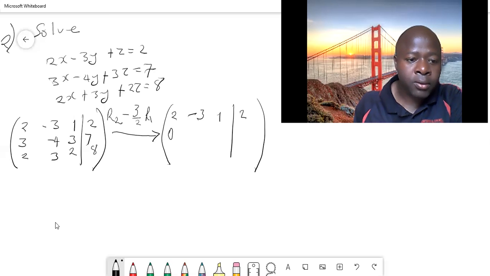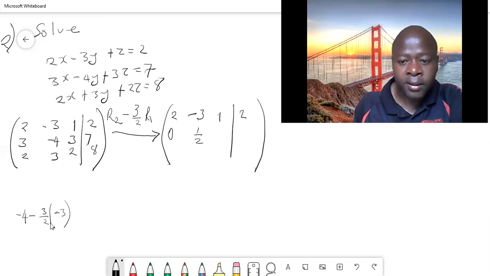Multiply this one by 3 over 2. So we have 3 over 2 multiplied by negative 3, and the result subtracted from negative 4. This will give us positive 9 over 2, so the operation gets us a half, because this would be negative 8 plus 9.